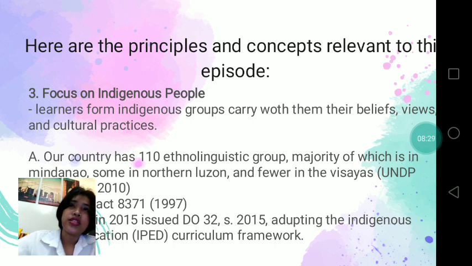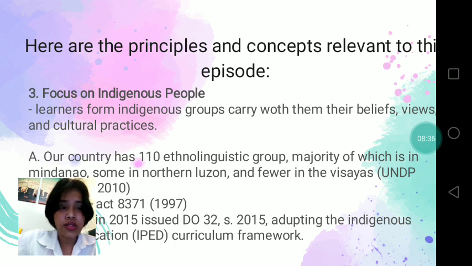Halimbawa is Muslims. Di ba nagsusuot sila ng hijab. So, kahit sobrang init, they wear hijab because it's part of their beliefs. There are a lot more situations like that and we have to understand. At kailangan din natin ipaunawa sa kapwa nila estudyante na there are cultural differences and it is fine.